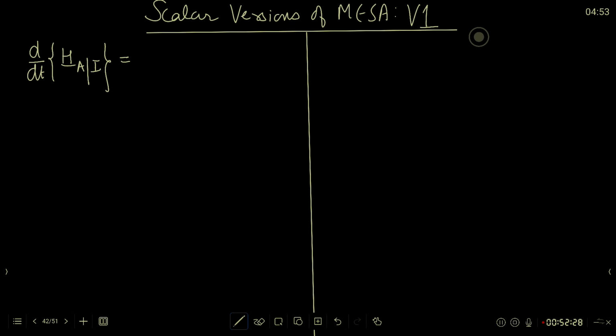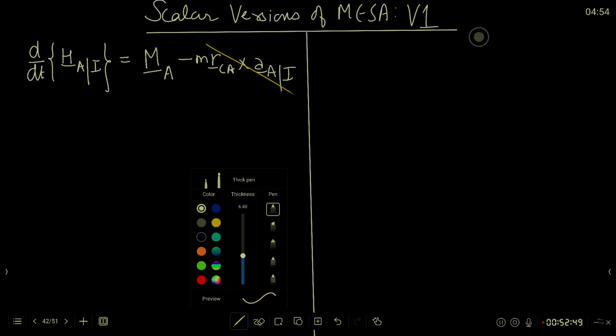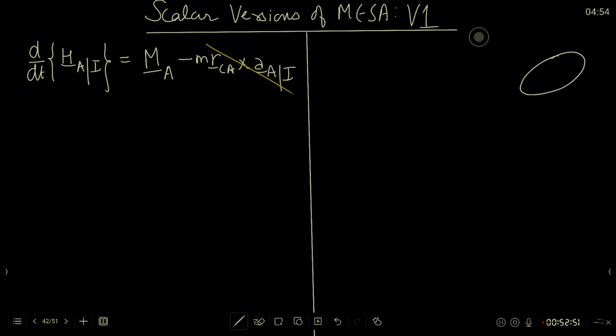Okay. So MESA now looks like this. Extra baggage term I have discarded because A is a valid point. I will write it and then I will strike it off. Gone. This is the body, point A here.